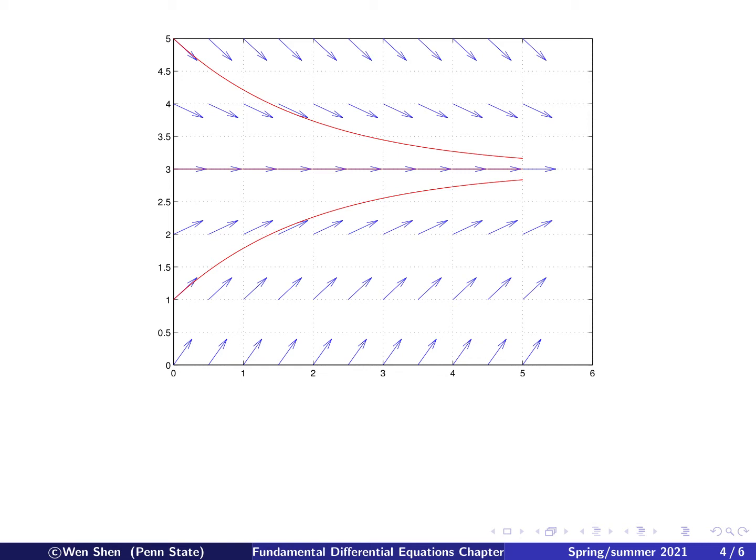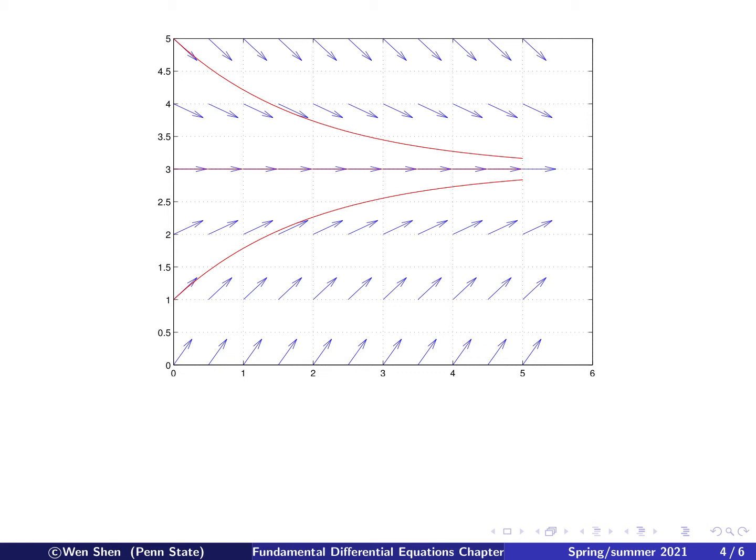So in the yt plane, y equals 3 will be a horizontal line. Along this line, the slope shall be flat. So we will draw little arrows pointing in the direction of how the solution y will change in t. So we'll have all horizontal little arrows along this line.